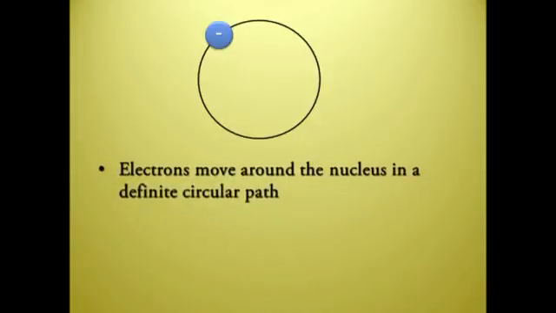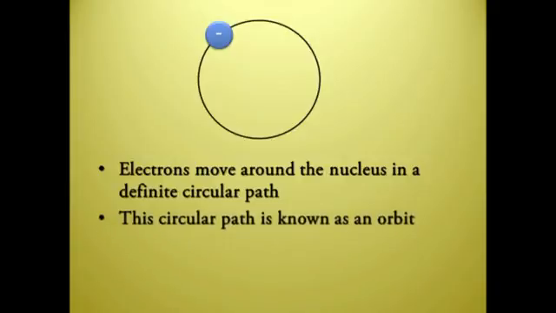This image is an electron and this is the orbit of an electron, and the electron moves around the nucleus. So we can easily say electrons move around the nucleus in a definite circular path. This circular path is known as an orbit.